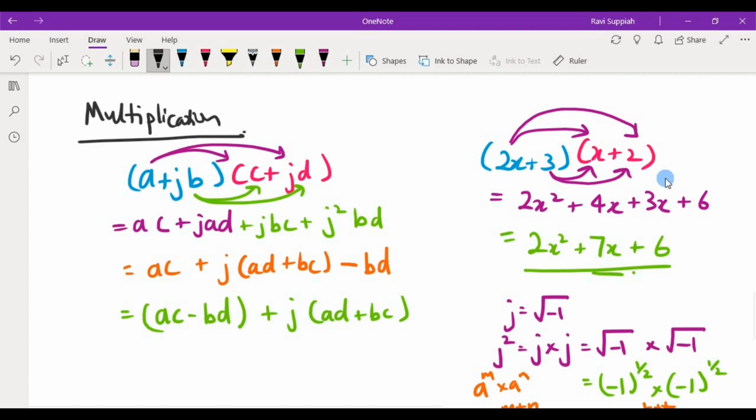So what we have now is this representing the real part and this representing the imaginary part. So after you do the multiplication, you will arrive at a final answer that consists of a real part and an imaginary part. Now let's try it out and see how it works.